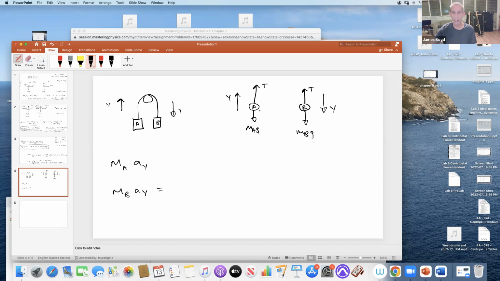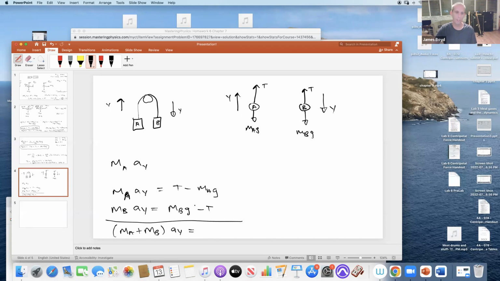So for A, tension is positive, m_A g is negative. For B, I'm sorry, this should have been m_B g is positive and the tension is negative. If I add these two things together, I get (m_A plus m_B) a_y is equal to m_B g minus m_A g.